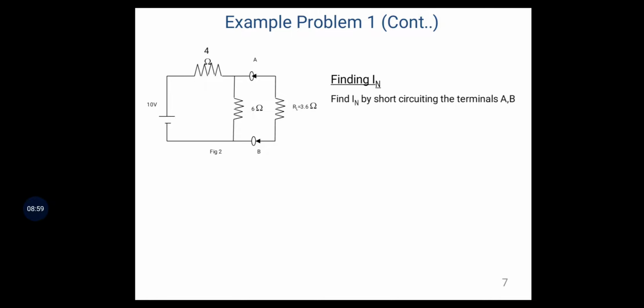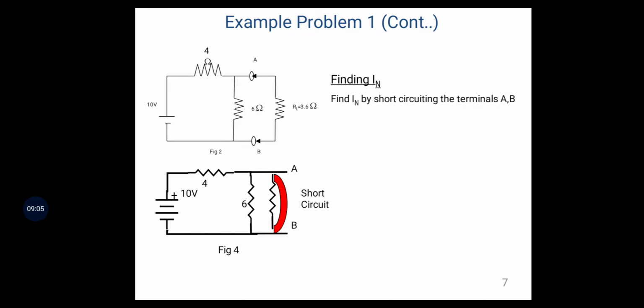How do we find IN? For the IN calculation, we short circuit the AB terminal. After short circuiting the AB terminal, the 3.6 ohms disappears because it is shorted, in parallel with the short circuit.